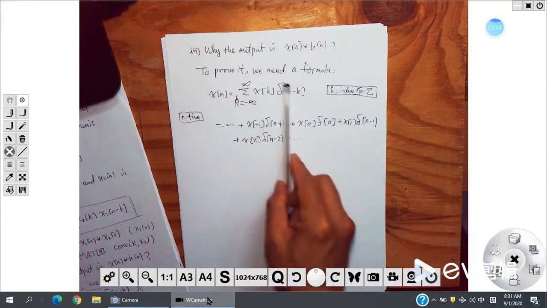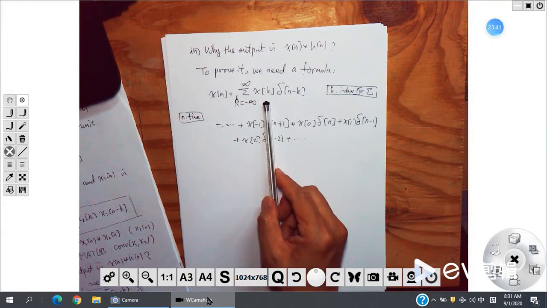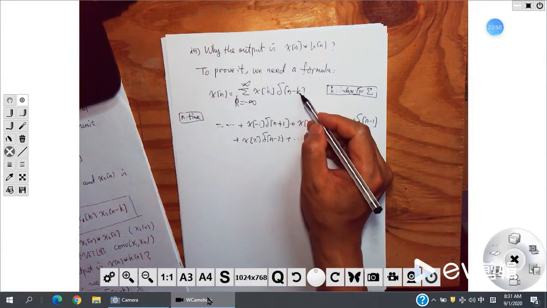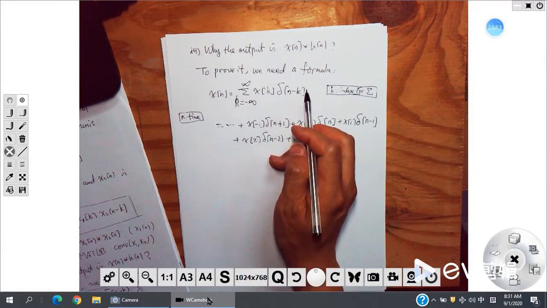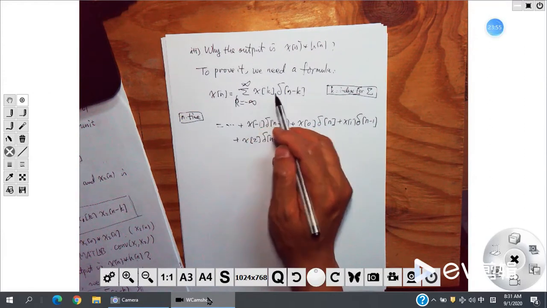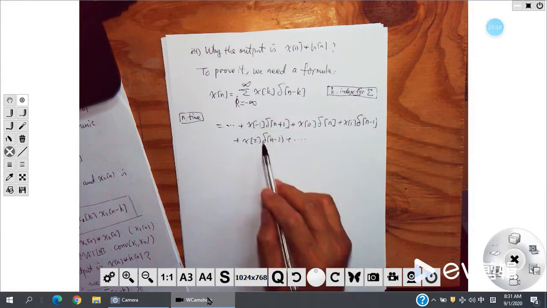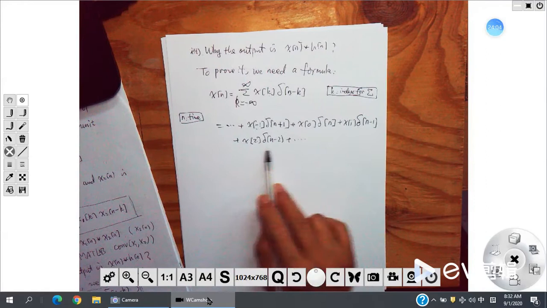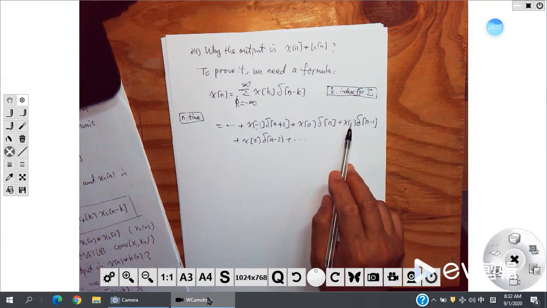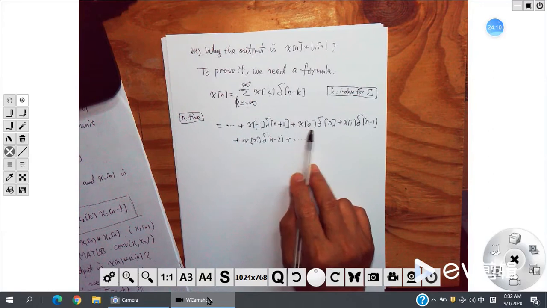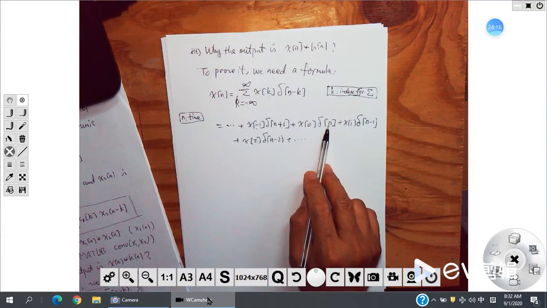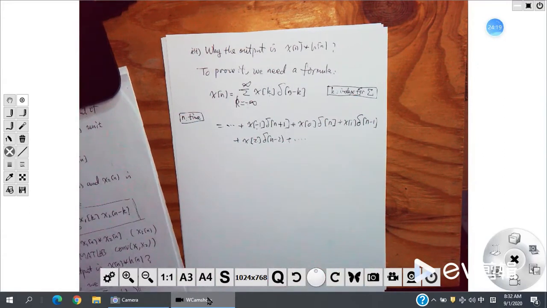In each term, k is a fixed number, not n. N is the time and could be 0, 1, 2, 3, 4, all the time. However, you have infinitely many terms, and k runs from negative infinity to positive infinity, but in each term k is a fixed number. Like here k is 0, so it's just x of 0, no changing. But in delta of n, this n is changing. N is the time. Okay. We need this one.